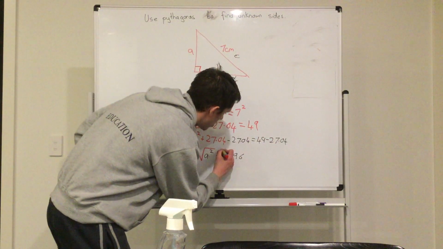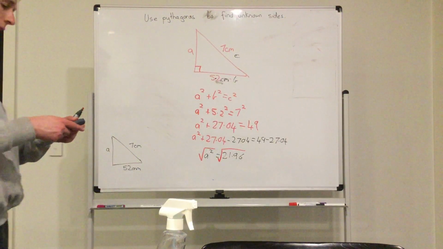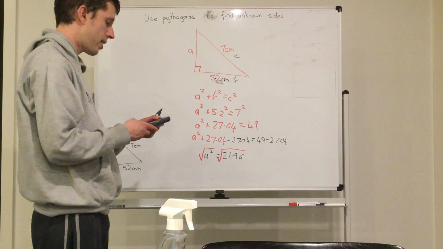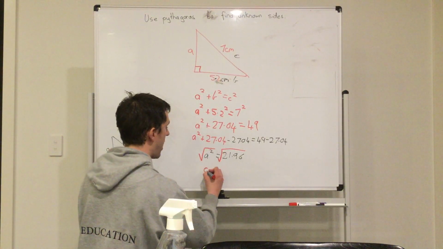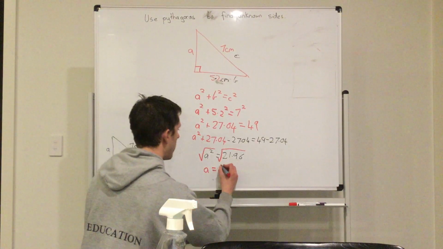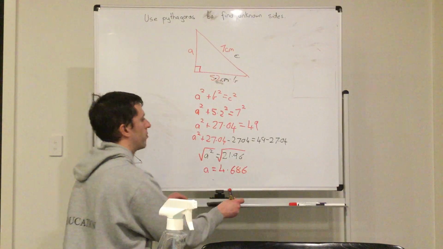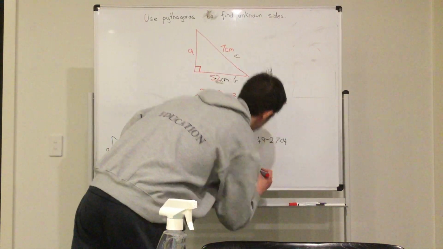So I'm going to square root that side as well. So if I look at the square root of 21.96, that leaves A to be 4.686. Make sure I've got my units, centimetres.